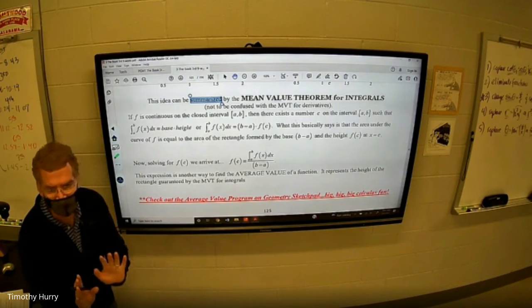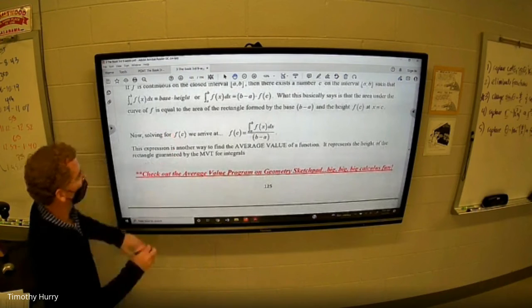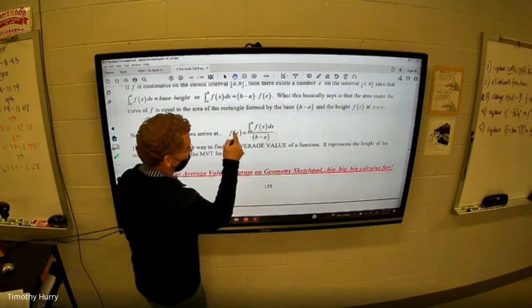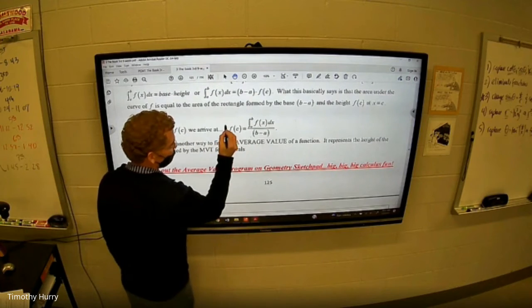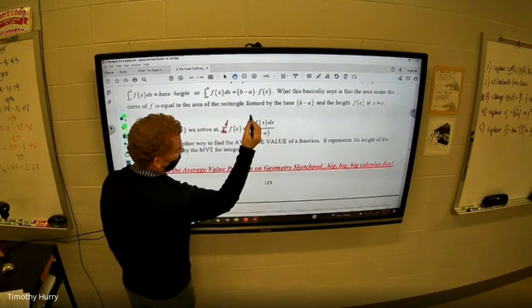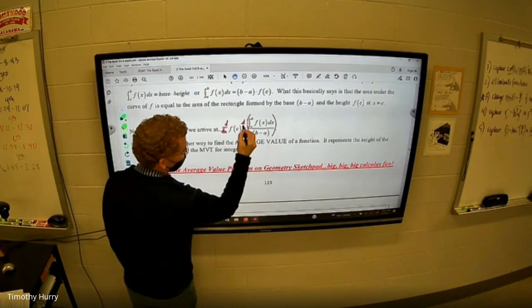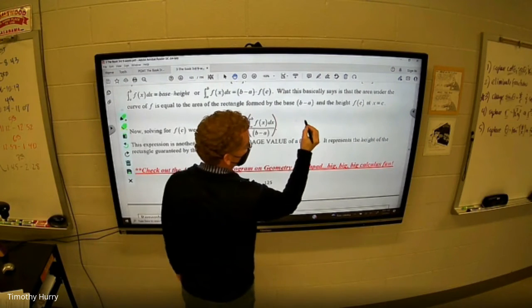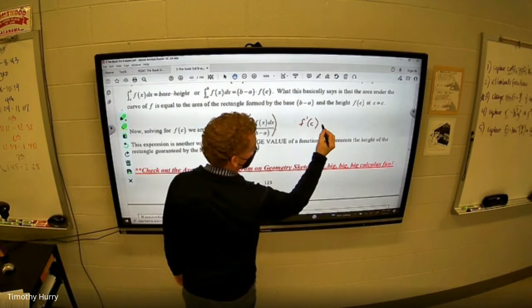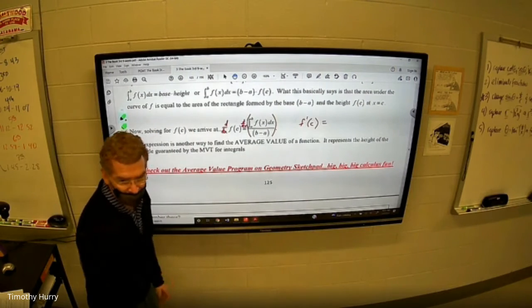Now, watch it look like the mean value theorem right here. Look what happens if I d/dx both sides. If I d/dx the left and I d/dx the right, doesn't the d/dx of f of c give me f prime of c? Right?